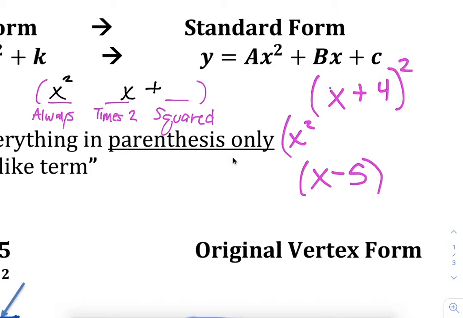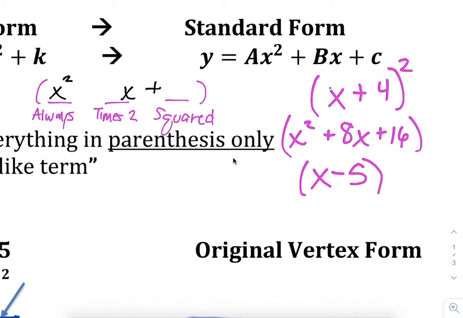So if I take a positive 4 and multiply it times 2, I would get a positive 8. That term is going to have an x with him every single time. So x squared first, 2 times 4 is 8x, and it's positive. And then I'm going to square the number for the third part. So if I do a positive 4 squared, 4 times 4 is 16. This is what the expanded form would look like.